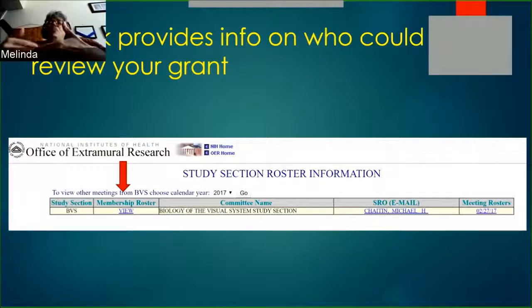That's really the only question you would ask them, but it can be a very important question, because by identifying the correct study section, you can then click on this link to view who is a member of the study section, as well as who was on the roster of the last meeting.